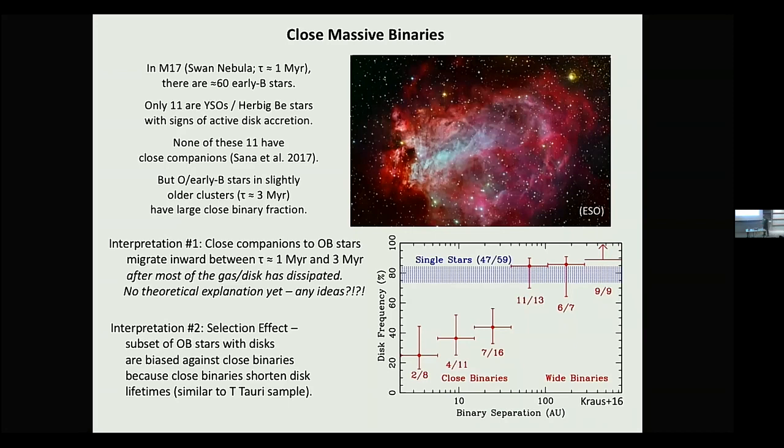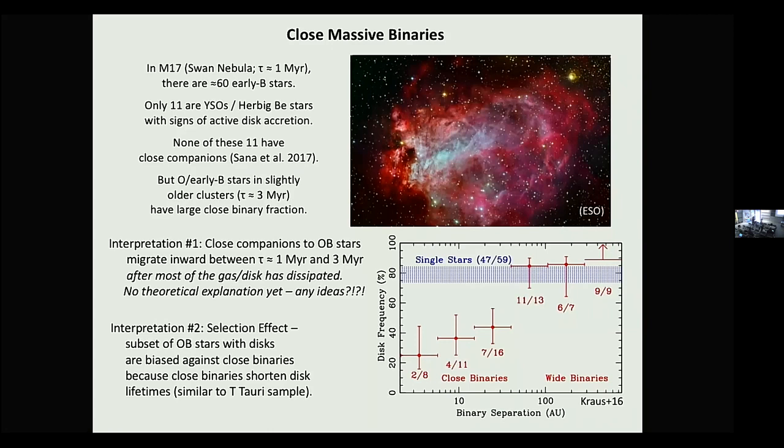You're asking for the microphone? I'm just wondering about the numbers. So if you were all biased against finding binaries in those 11, then we should still have many more that do have binaries. And how many objects do you have in the system? Yeah, so it's coming from the 60.